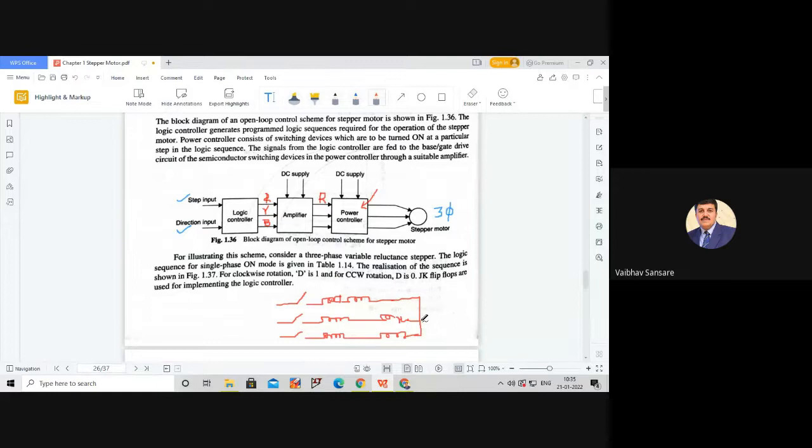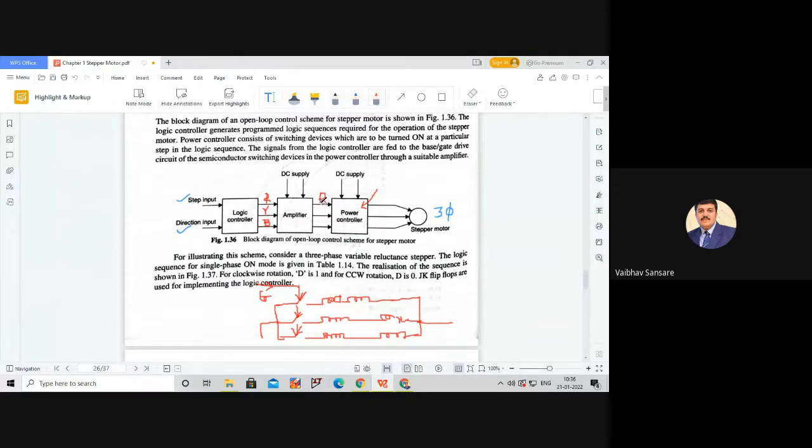So whatever control scheme we are talking about is nothing but the control which is provided to the gate circuit of these power controller switches. This gate signal is actually provided through the logic controller and amplifier circuitry.